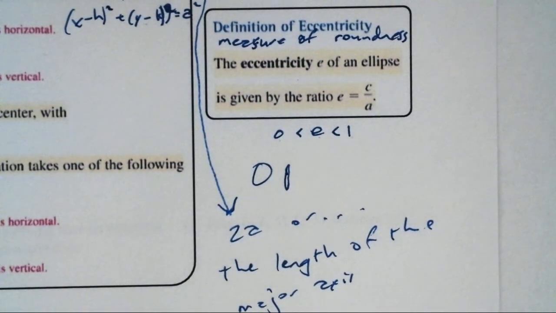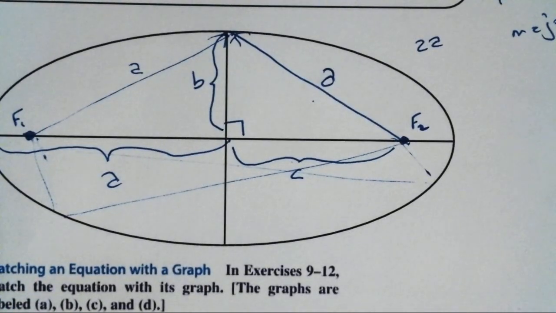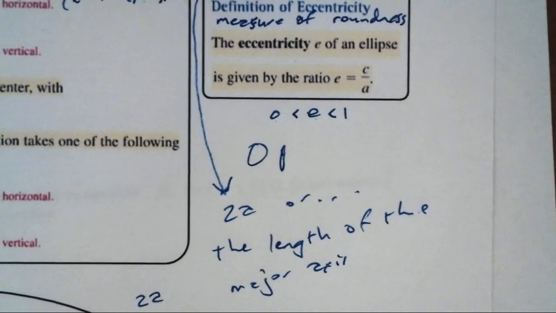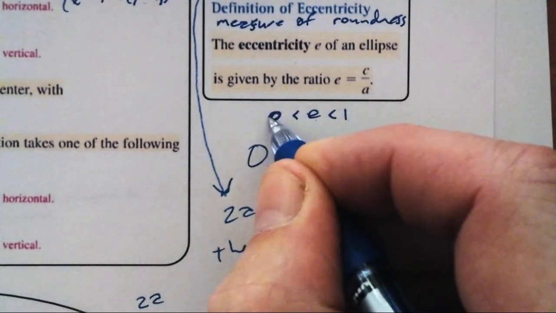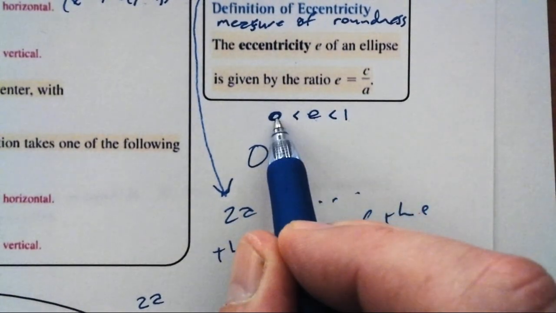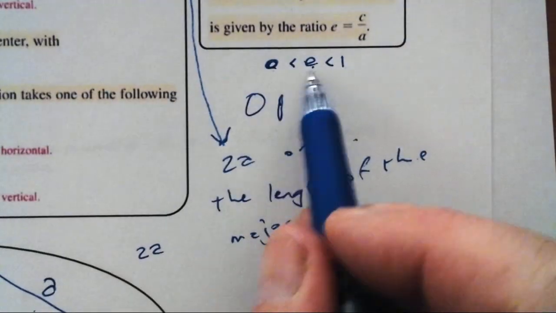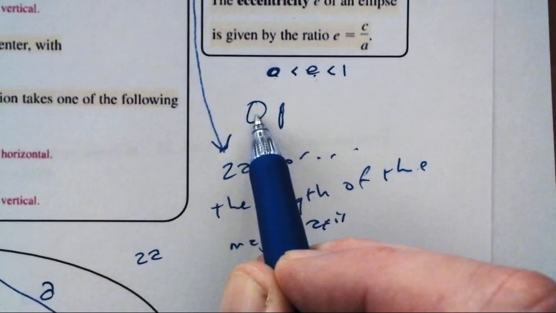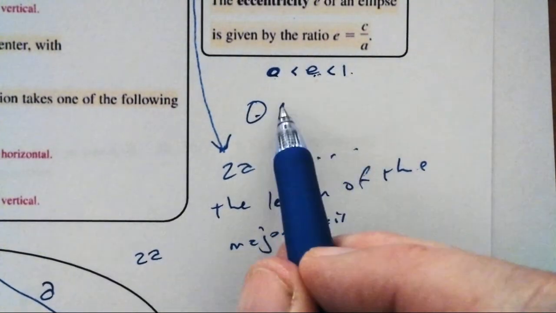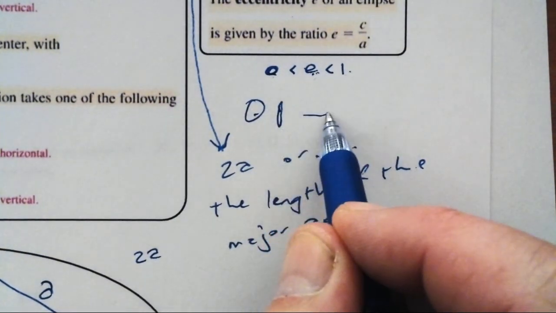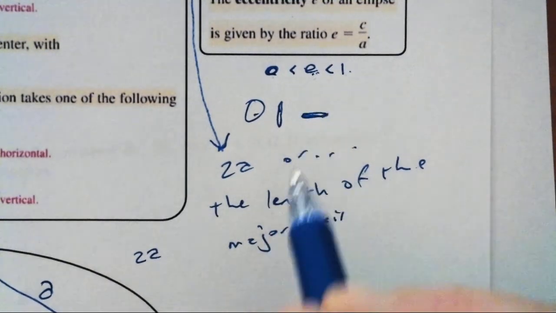And there would be ways of understanding it after we go through actually drawing a picture of this mechanically. We'll do that in class. I won't do it on this video. But wow, what an easy way to remember. The closer the eccentricity is to 0, the more the ellipse looks like a 0, the rounder it is. And the closer it is to 1, the more it looks like a 1. Now note that 1 might be a flat 1 lying on its side.